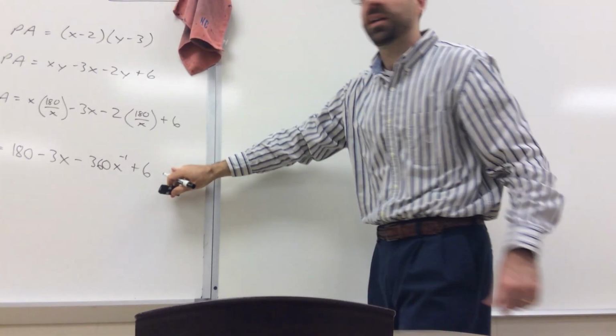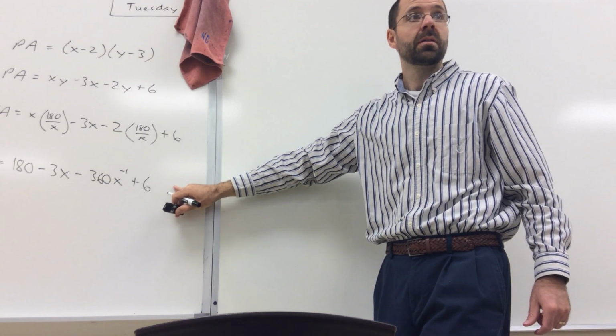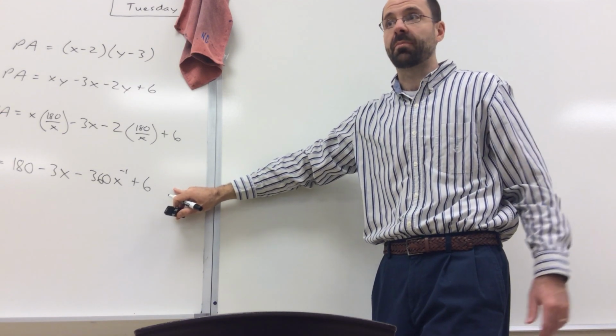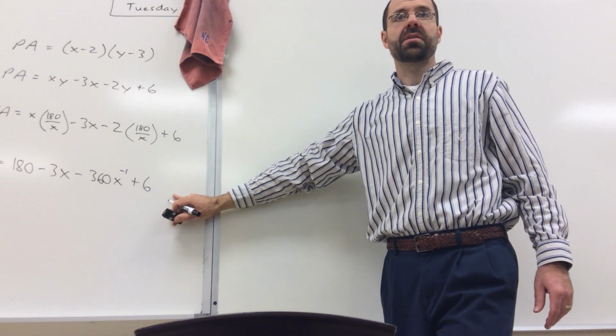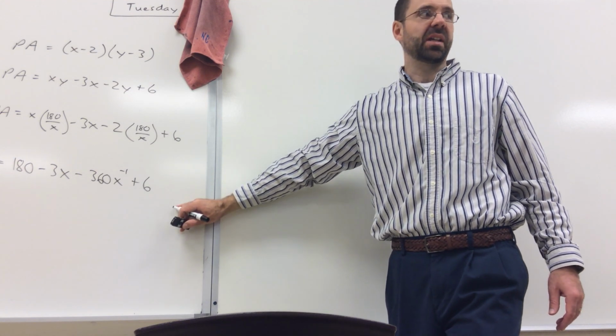So then I've got to maximize that, right? Notice no calculus happened until this point, which is kind of annoying, right? It's a lot of thinking to not be calculus.